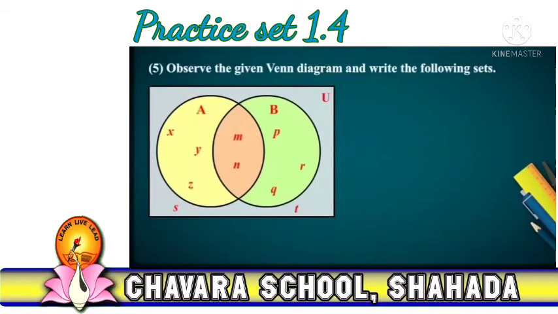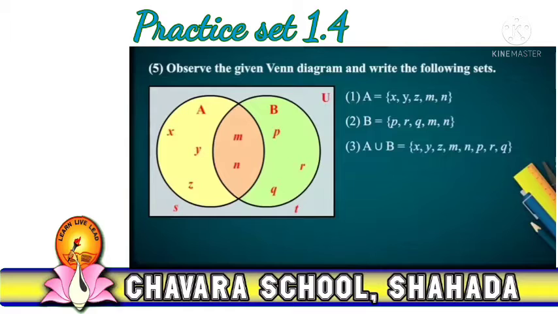Question 5. Observe the given Venn diagram and write the following sets. In the given Venn diagram, 1. set A is equal to {x, y, z, m, n}. 2. Set B is equal to {p, r, q, m, n}. 3. Set A union B is equal to {x, y, z, m, n, p, r, q}. 4.